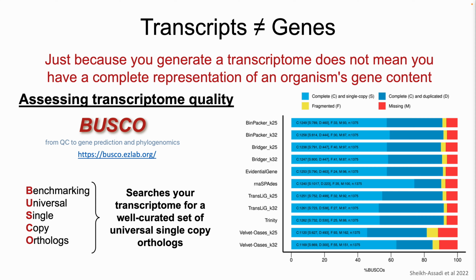So back to the duplicate question. How might you ask if this is actually duplicated, or I just have two transcripts that should be collapsed because they're actually only one gene in the genome? Okay, the answer is synteny.